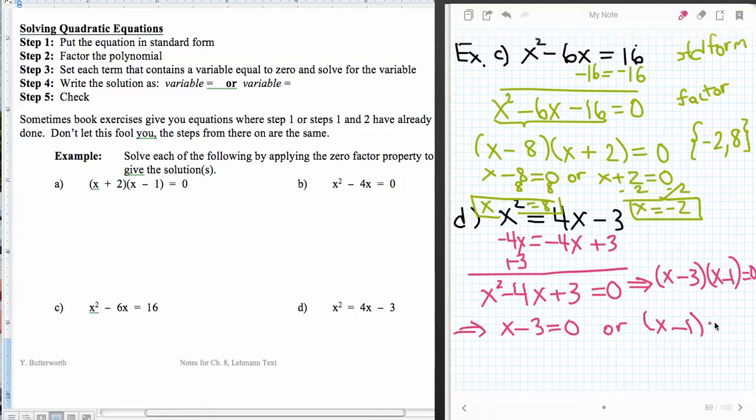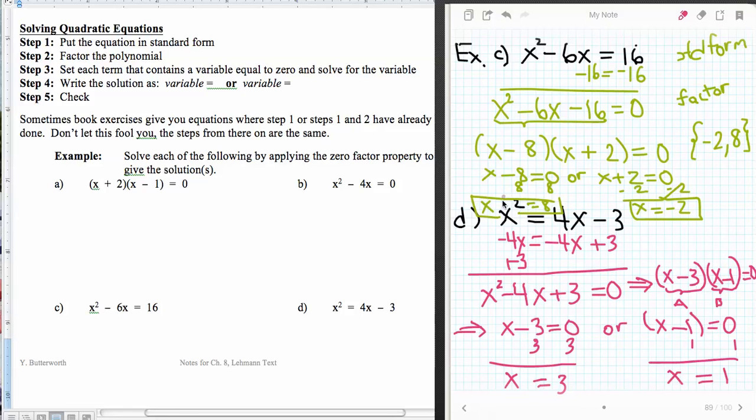And if either of those factors, my a and my b, right, my a here and my b over here, if either one of those are equal to 0, then the entire thing will equal 0. So 3 comes in here and 3 comes in here. And x therefore is equal to 3, and positive 1 and positive 1 here, so x is equal to 1. So if x equals 3 or x equals 1, then we have a solution.